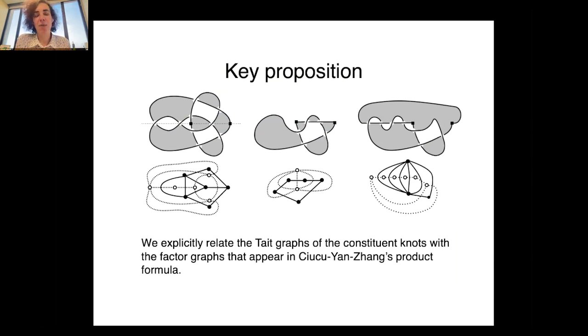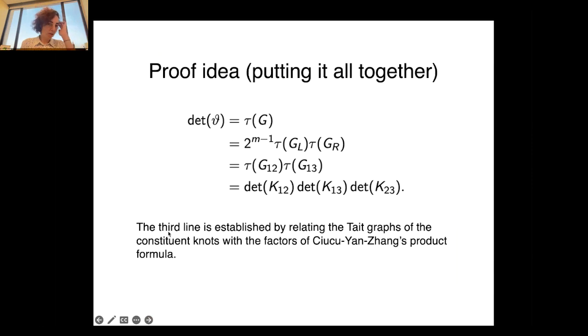You have to change some edge weights around and double some edges to make sure that your edge weights still fall into the set +1 and -1. But modulo rewriting the formula, we can apply it, and when we put it all together, we get that the determinant of the theta curve can be obtained from this spanning tree enumeration formula.